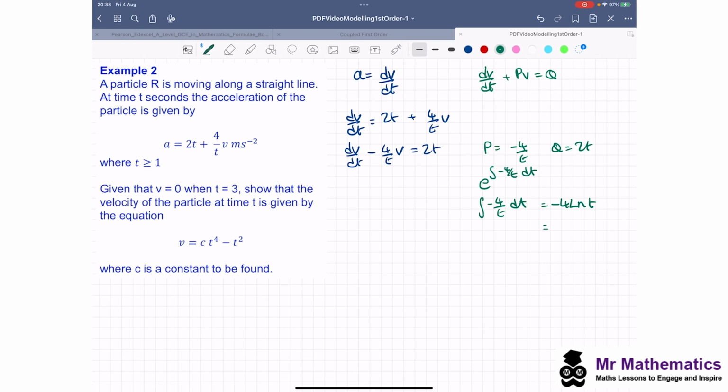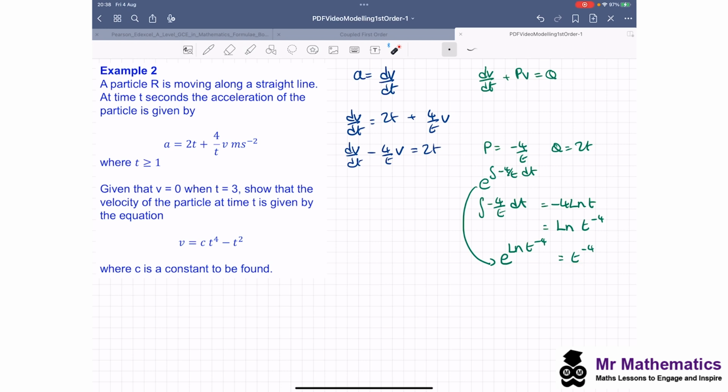So this becomes the natural log of t to the negative 4. So using the integrating factor, this becomes e to the ln of t to the negative 4. These will cancel, so this gives us t to the power of negative 4. So this is our integrating factor here.